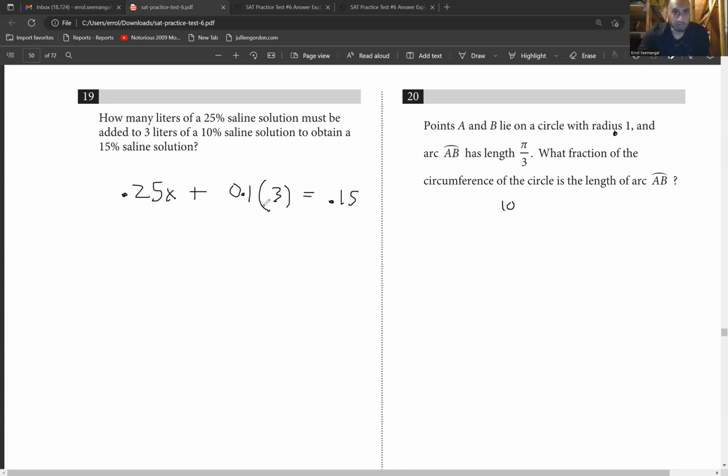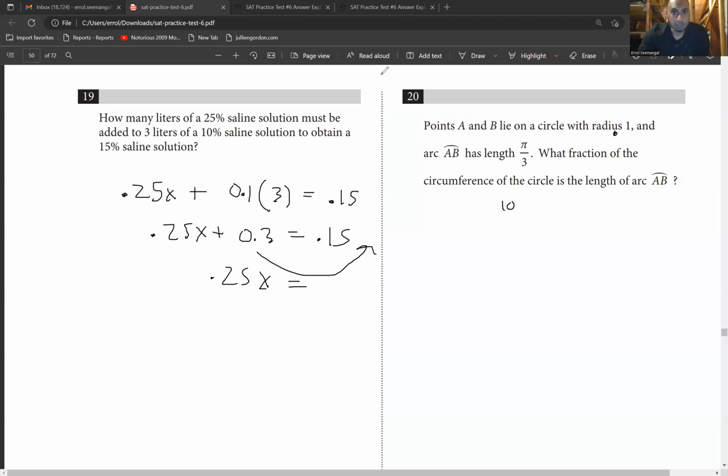All right, what's this? 10% of 3 would be 0.3. 0.25x plus what's this again? 0.3. Yes, 0.3 equals 0.15. 0.25x equals what's this? Negative?